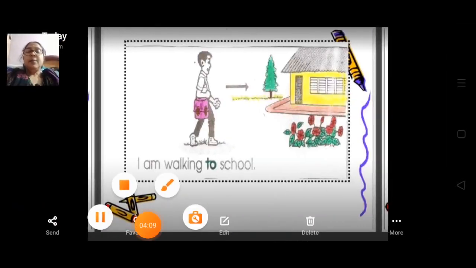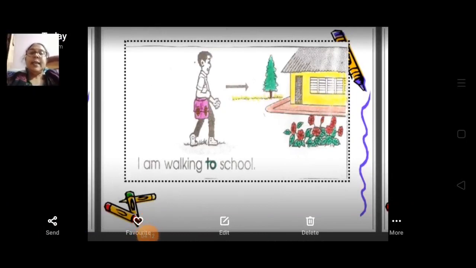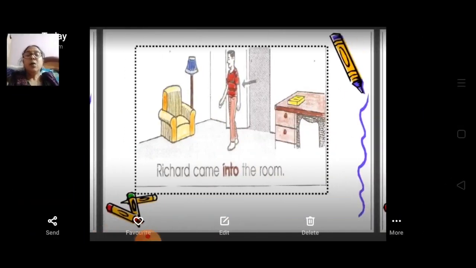If I give one example, in this pic you can see I am walking to school. It means your walking direction is to the school. So in this pic you can see I am walking to school. You are in the direction of school. Now Richard came into the room. Here you can see it is in motion, Richard coming inside the room.